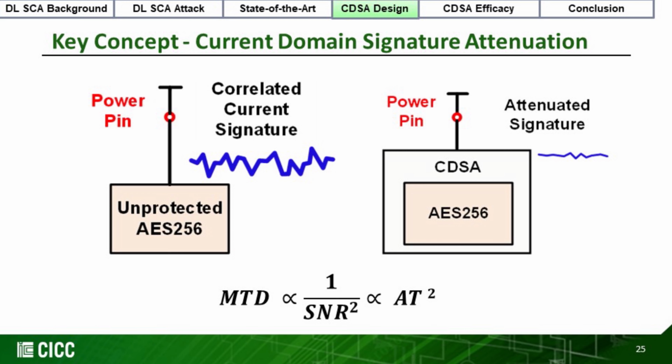Imagine if we can somehow embed the crypto core within a signature attenuation hardware such that the crypto current is suppressed significantly before it reaches the supply pin, then the minimum traces to disclosure, or MTD, is proportional to the square of the attenuation factor, which means that if we can provide a signature attenuation of 100x, the MTD would improve by a factor of 100 squared.